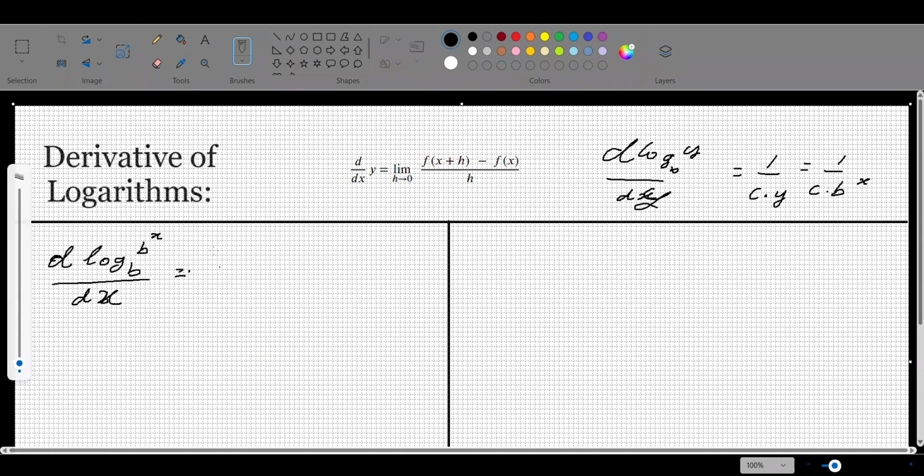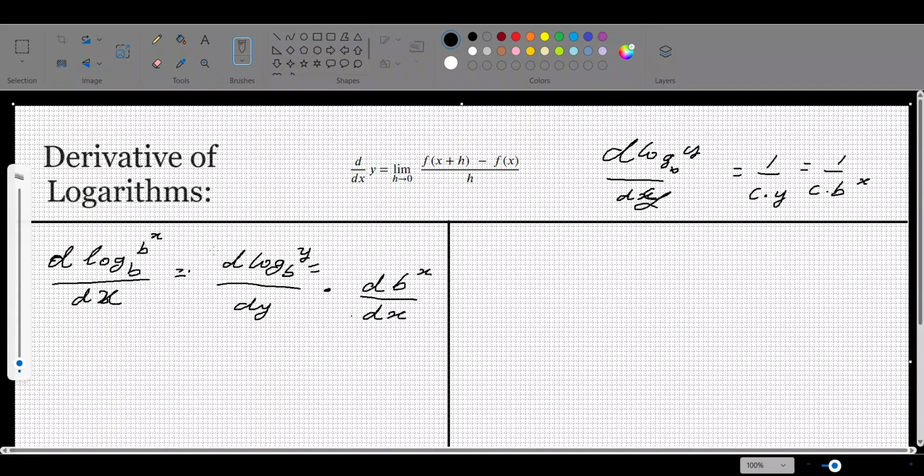Therefore, based on the chain rule, we could say that this is equal to, first of all, derivative of log b, and here I'm going to write y just for convenience instead of b raised to x, and write dy. And then we're going to derive y itself, which is d of b raised to x derived with dx.